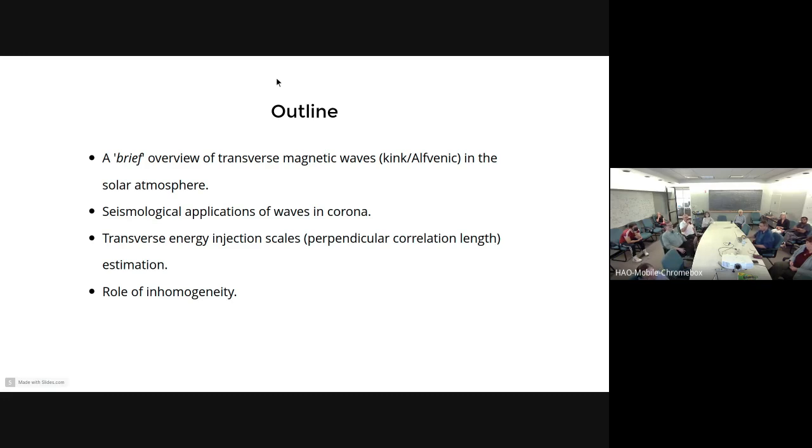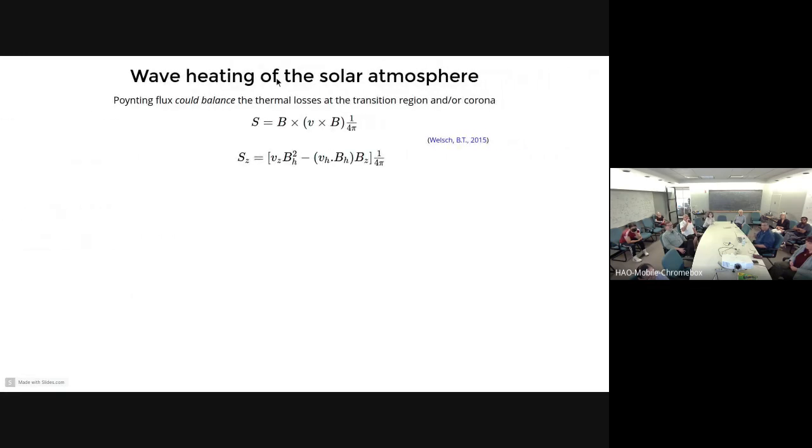So, starting with the wave heating idea. Most people know about the thermal heating problem, where the temperature above the transition region rises very abruptly, and we don't know what the responsible mechanisms are for that kind of behavior. One of the views is this wave-based heating.